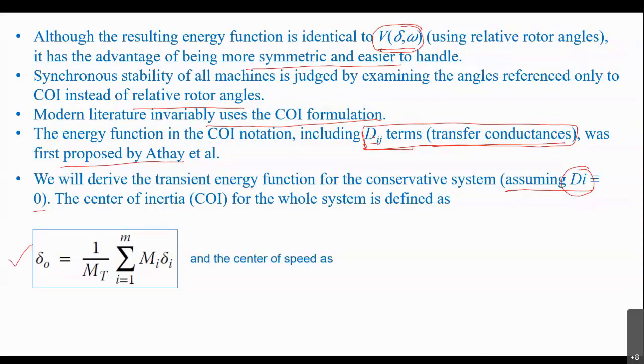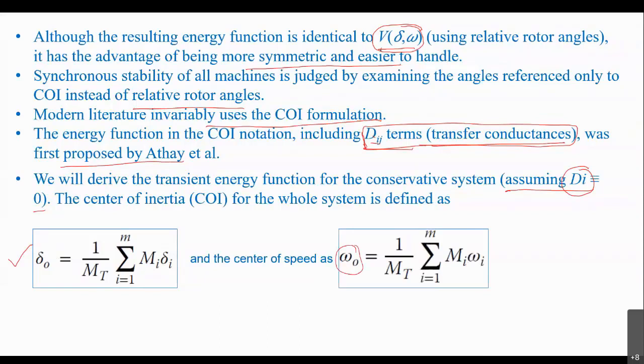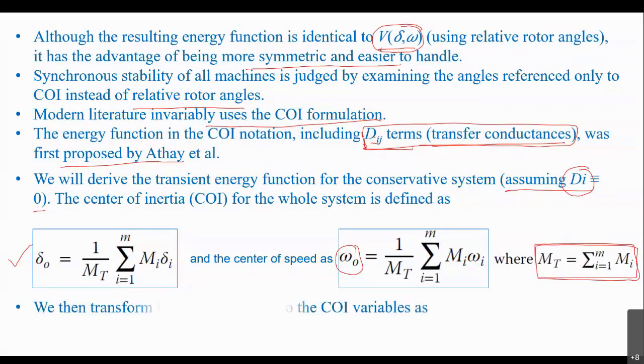Mi is nothing but the moment of inertia of each machine, and the center of speed, that is omega naught, can be represented as 1 by MT, sum of Mi omega i. So what is this MT? MT is nothing but the sum of the Mi's, that is, the sum of the moments of inertia of all the machines. That is the total moment of inertia of the system.